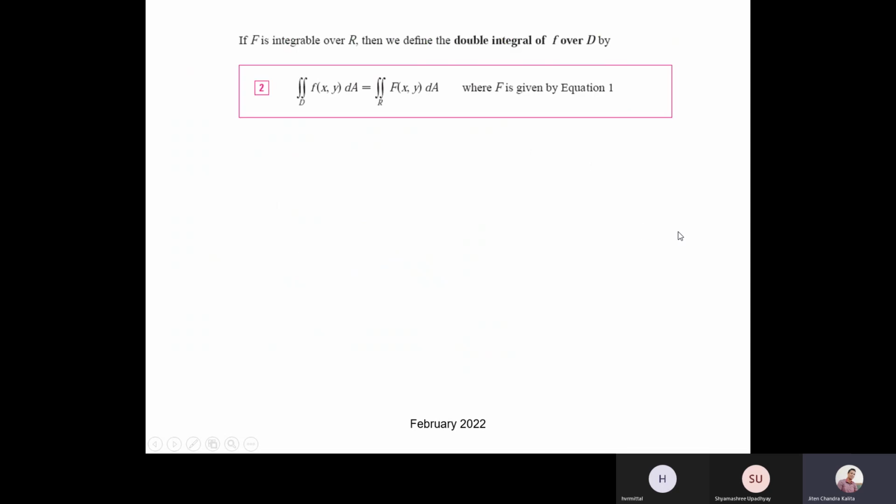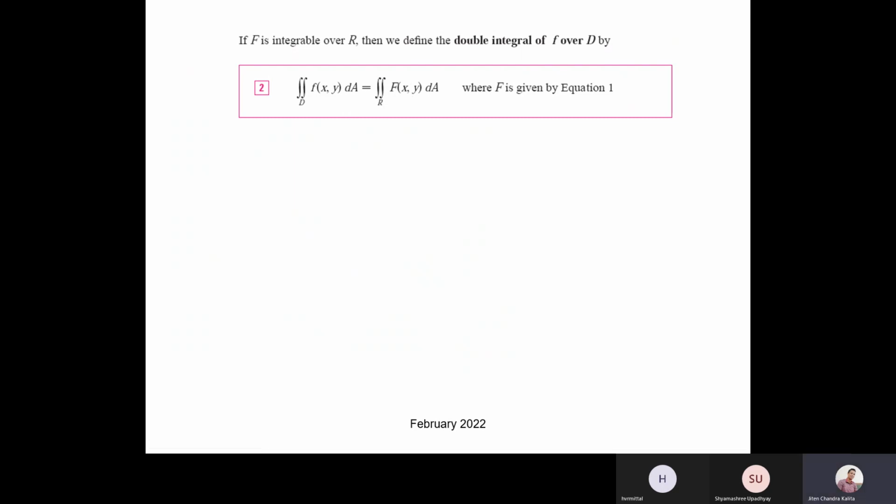So then if capital F is integrable over R, then we define the double integral of small f over D, which is nothing but this. It is defined as the integration of capital F over the rectangle R.